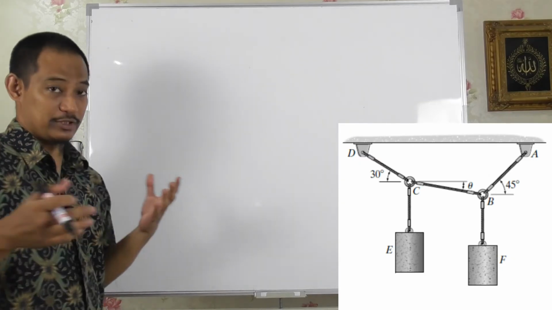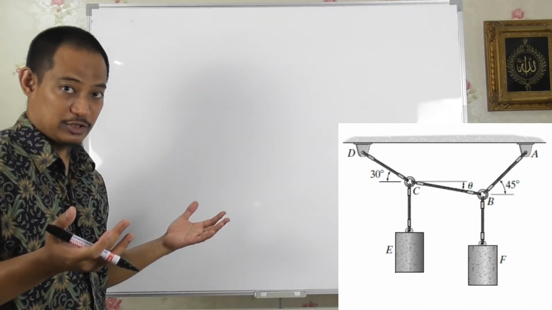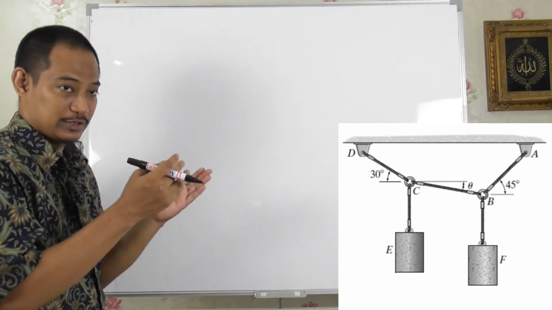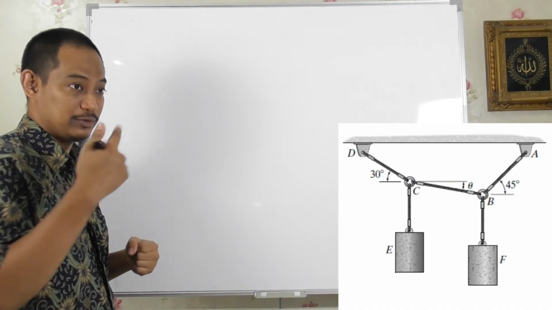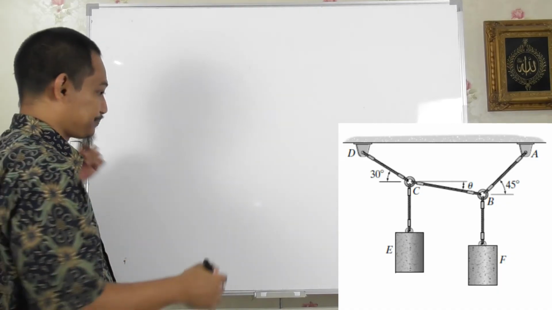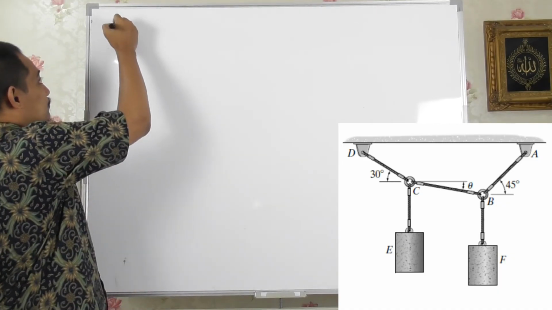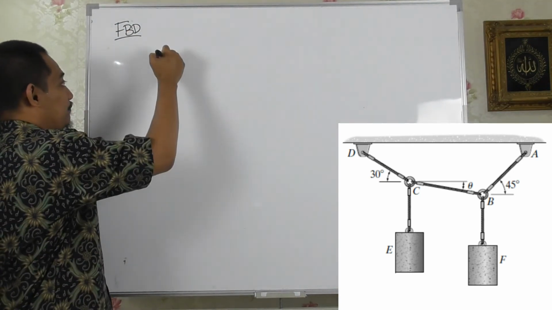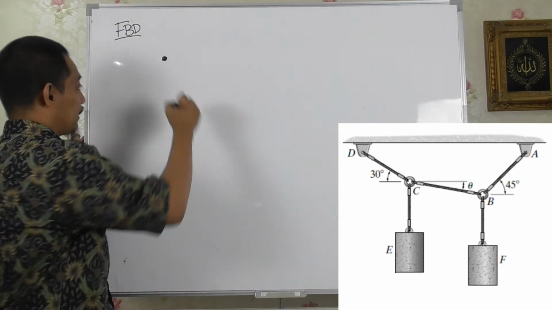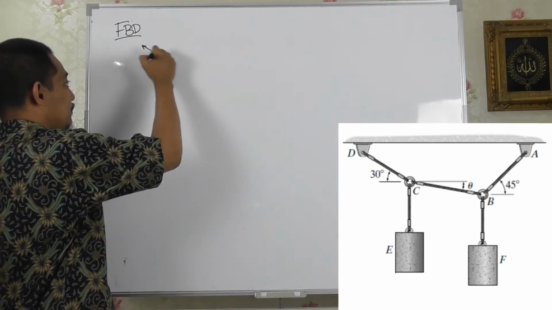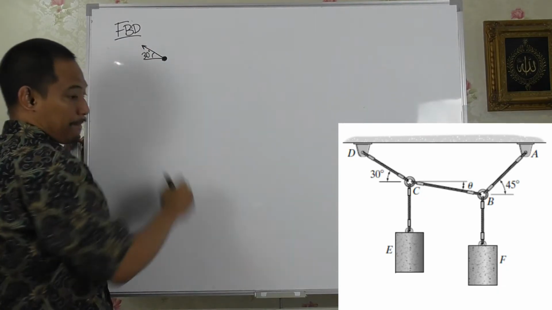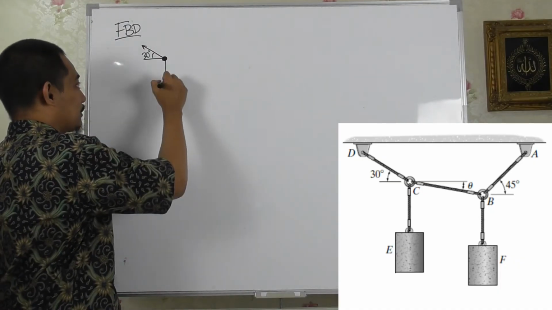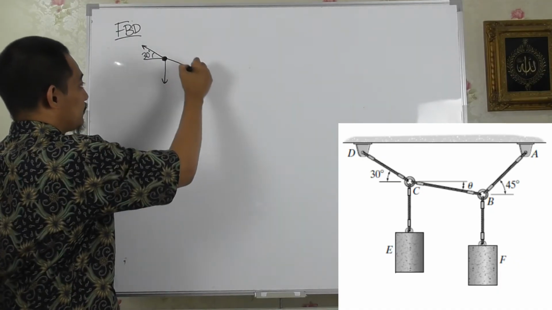Alright, so again, the steps will be as before. We have to draw the free body diagram, get the equation of equilibrium, compare the forces, see which one is bigger, and then we know, okay, that is the maximum. So for the first step, free body diagram, we have point C, so we have a force here at 30 degrees, we have a force downwards, and then we have a force here.